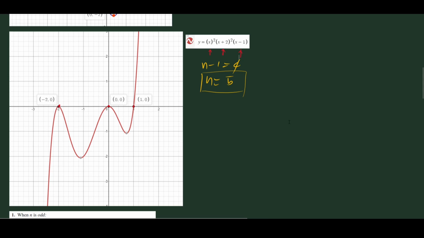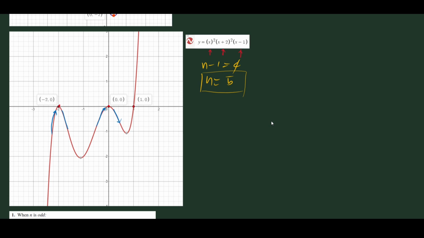Okay, and again for determining the multiplicities, you just have to take a look at how the graph behaves. It just touched -2, so x plus 2 has an even multiplicity, and it also touched the origin.